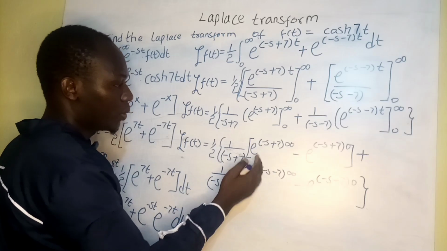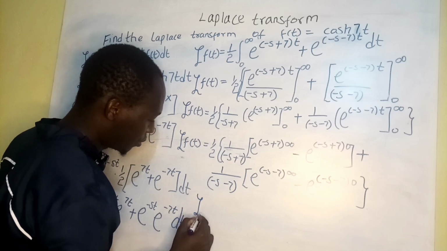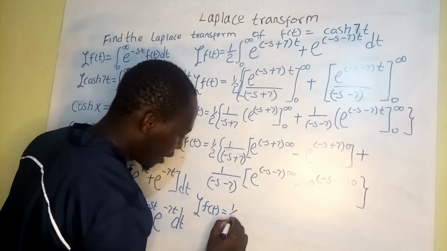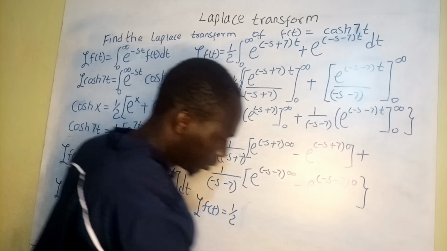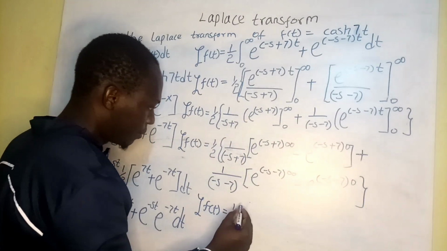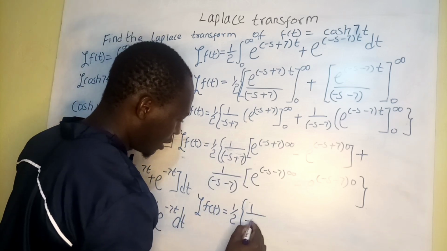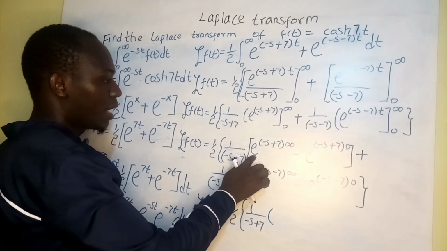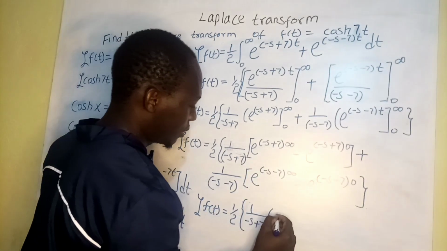At this point now, from this point now, we can come and say the Laplace transform of our function f of t is going to be equals to a half into 1 all over negative s we add 7, we multiply by an exponential raised to a power of an infinity. We understand is going to be 0.